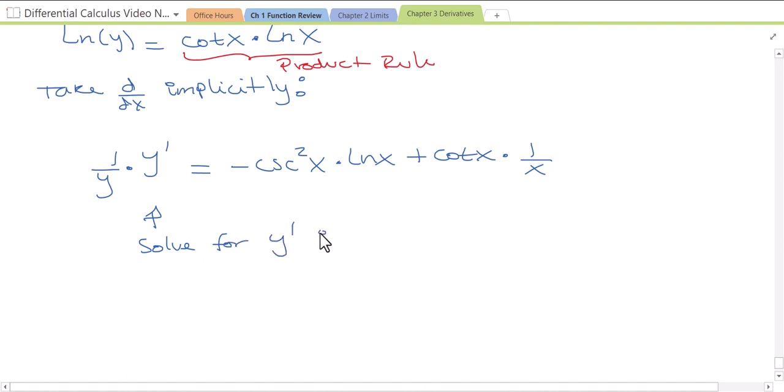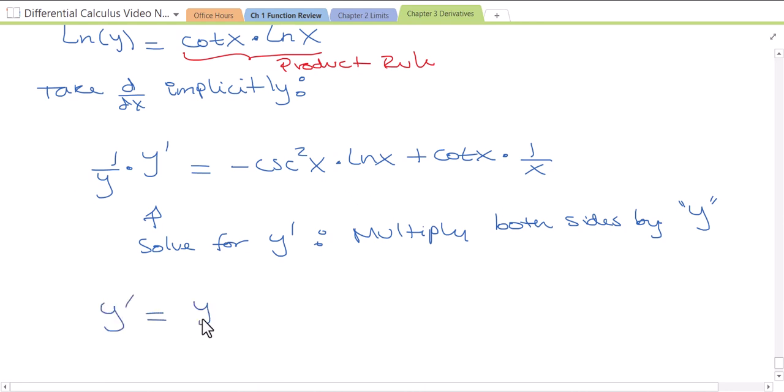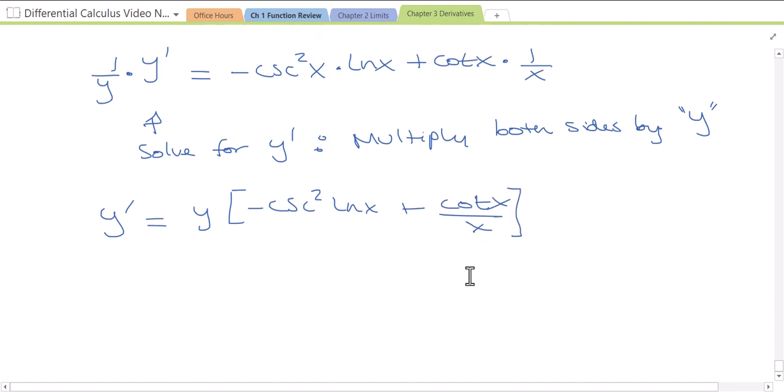So that means multiply both sides by y, to get rid of this y over here. I'm going to have y prime equals y times negative cosecant squared x ln x plus cotangent x over x. And now substitute back what y was.